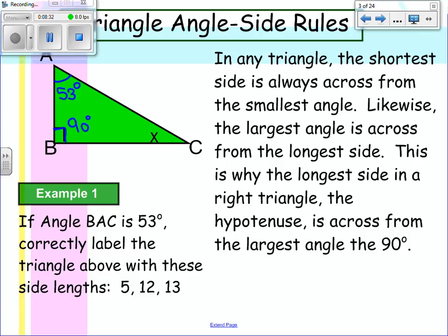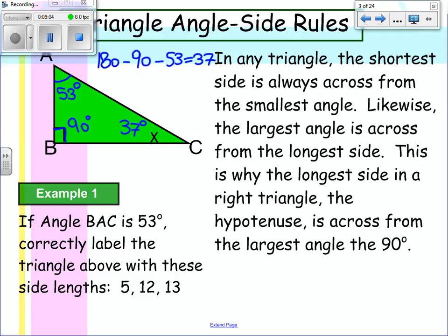So if you ever want to find the third angle, you go 180 minus the other 2, and that'll tell you your third angle. So in this case, it is 37. All angles in a triangle add up to be 180.